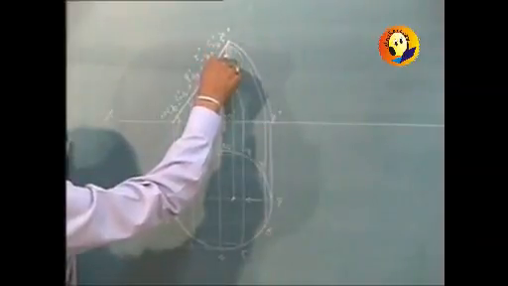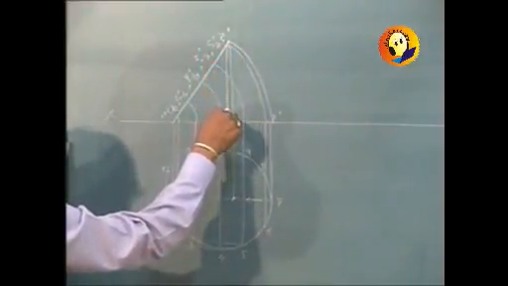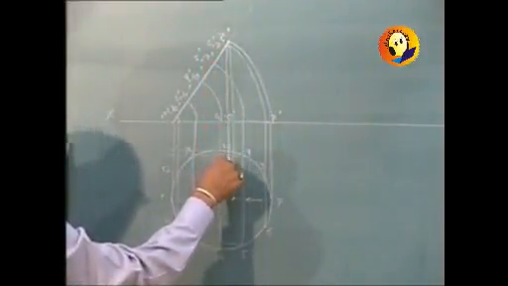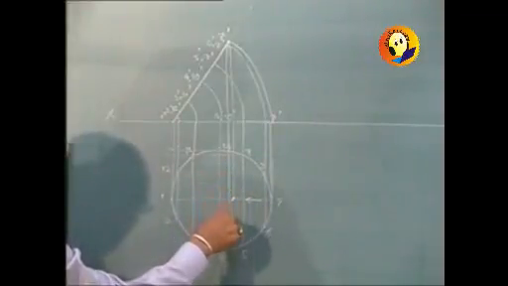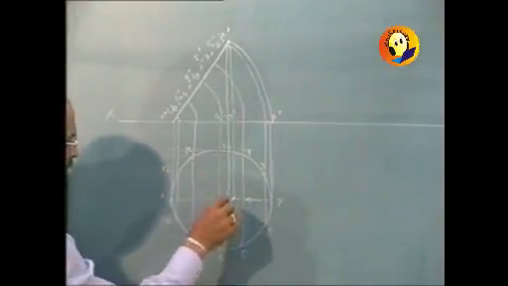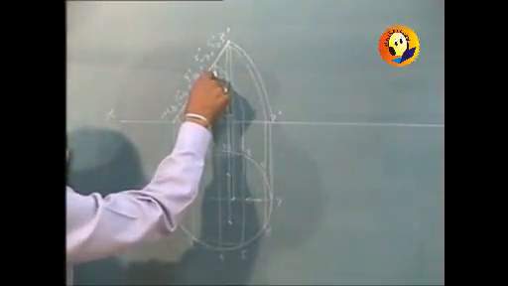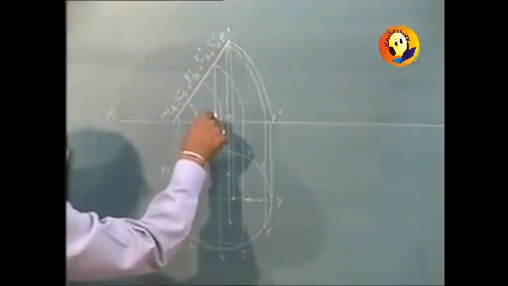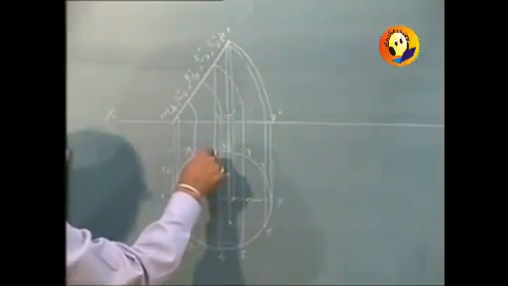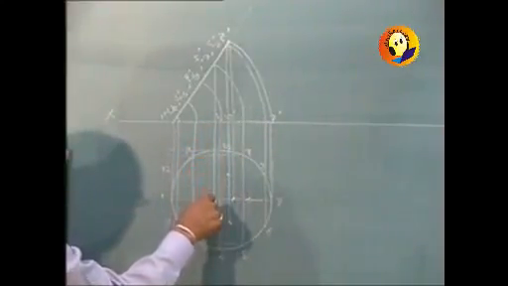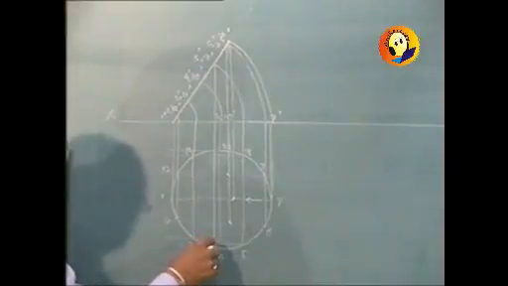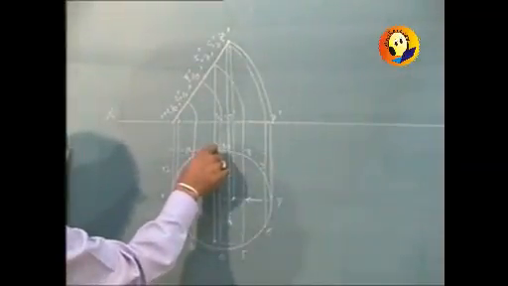Point number 6 and 8, we will have to first of all draw their projector, and their paths are cut at these 2 points. Point number 5 and 9, draw the projector through 5 dash and 9 dash till that projector intersects the respective paths.